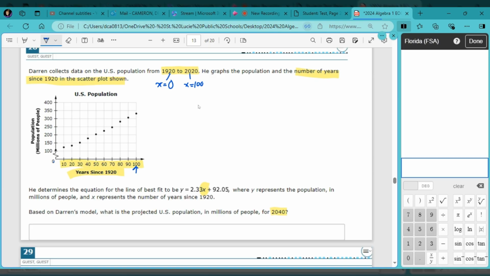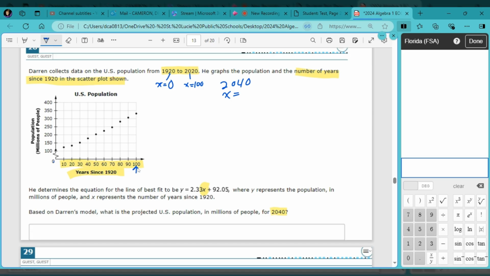So what do we need for the year 2040? What do we need X to be? This is really, if you can get this little piece of information, you've unlocked the key to answering this question. What do we need our X to be?